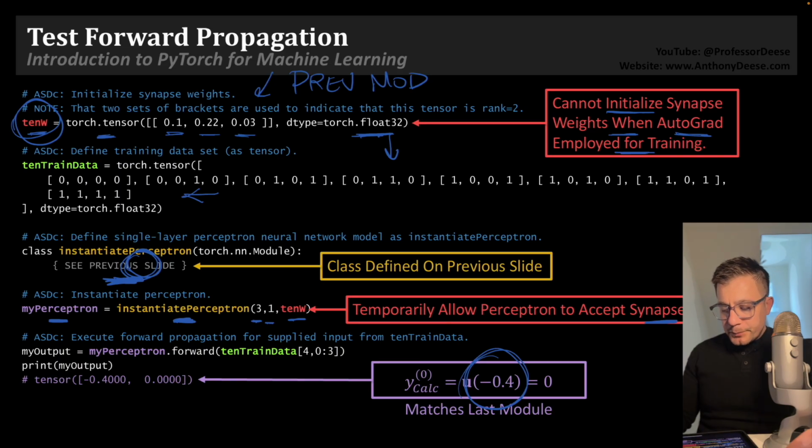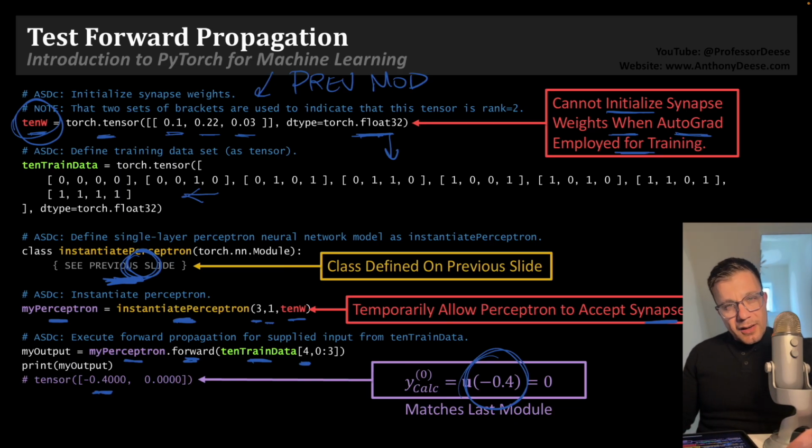If you remember, this was the weighted sum value that was yielded by the first iteration of the by hand calculations from the previous module. Anyway, so what we do is we call our my perceptron object, call the forward propagation function, and we supply it the fifth, well in this case fourth, but we're starting from 0, so the fifth training data sample.